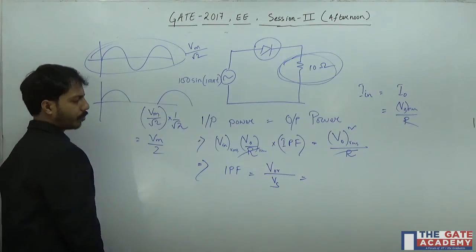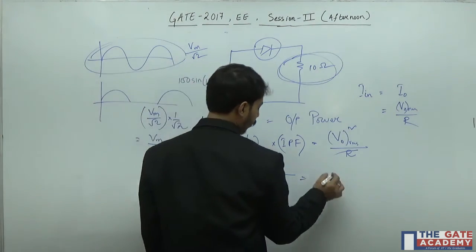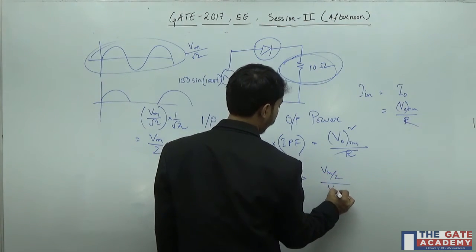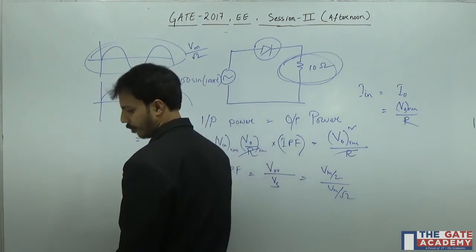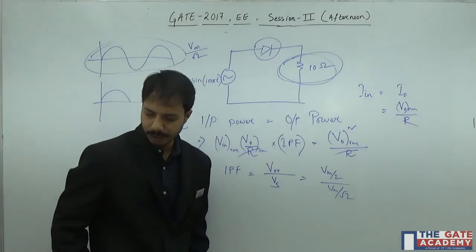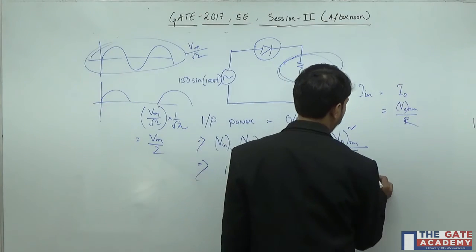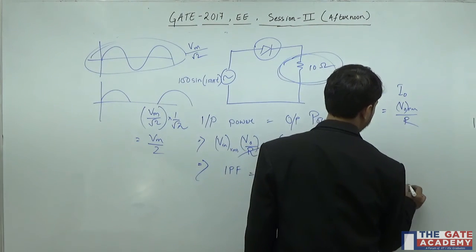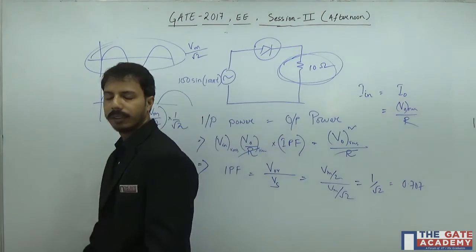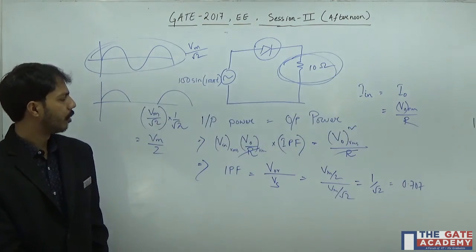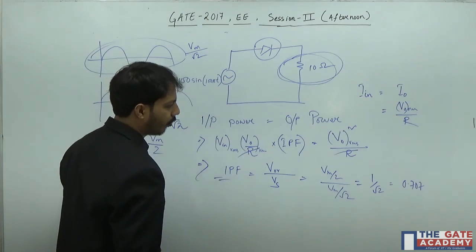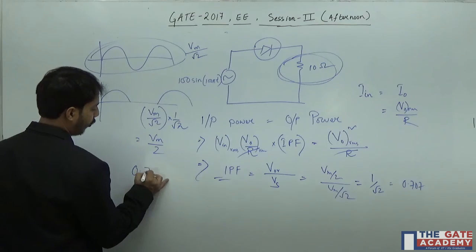Okay. So I can say this as Vm by 2 into root 2 by Vm. So ultimately it is root 2 by 2, which is nothing but 1 by root 2, which is 0.707. Okay, and this is my input power factor. Okay, the value is 0.707.